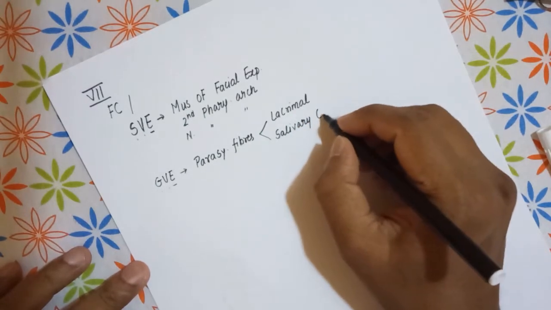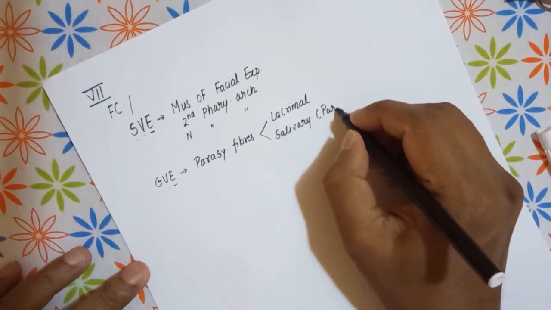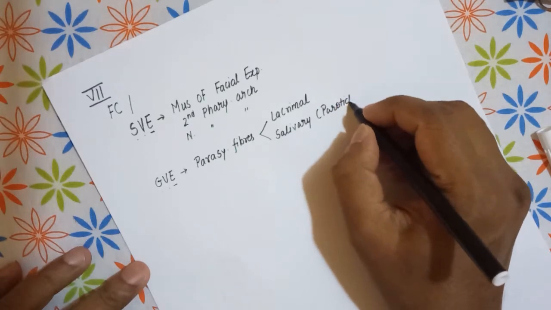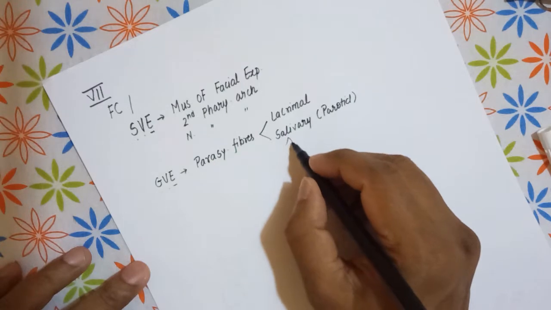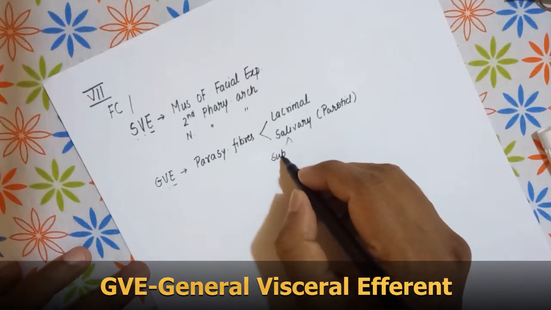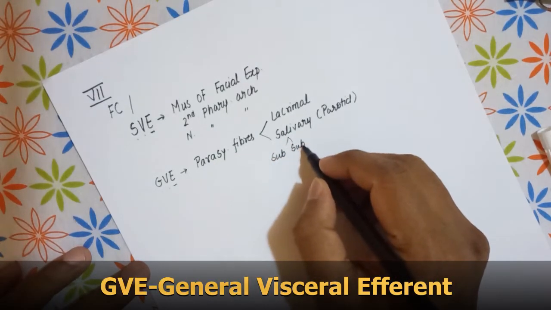All the salivary glands except the parotid will be controlled by the facial nerve. So in this we have the sublingual and submandibular glands.